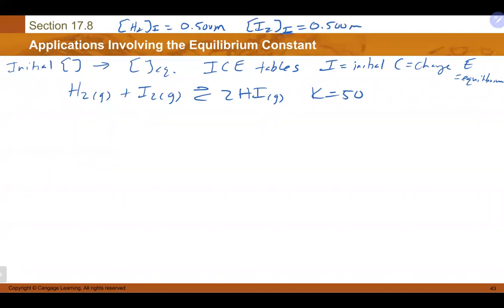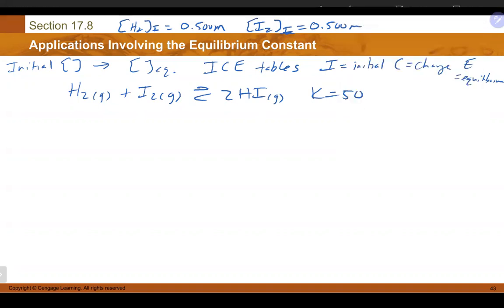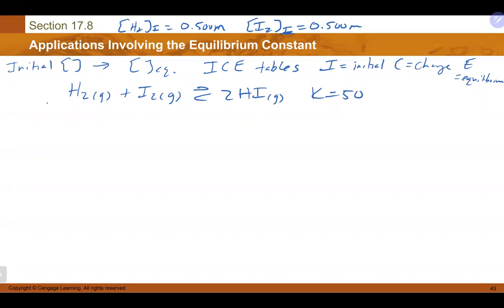So these are really initial concentrations. What we would do is take the equation, and you obviously, like normal, want to make sure the equation is balanced. We would do an I, and again, I stands for initial concentrations. So we would put our 0.5 here, and our 0.5 here.